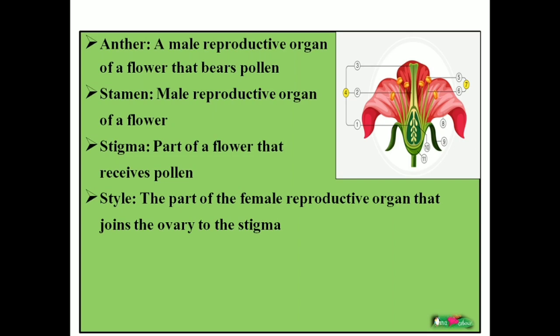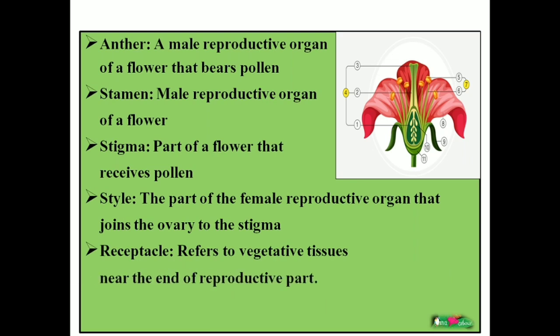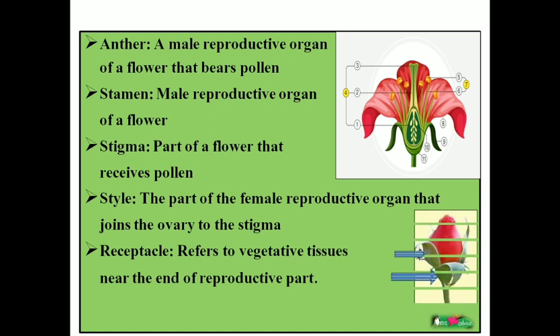And then number 10 indicates ovules in the ovary, number 11 indicates the receptacle, number 9 shows sepals, number 8 shows corolla. Number 9, the sepals, and the receptacle have been shown in the next image also.